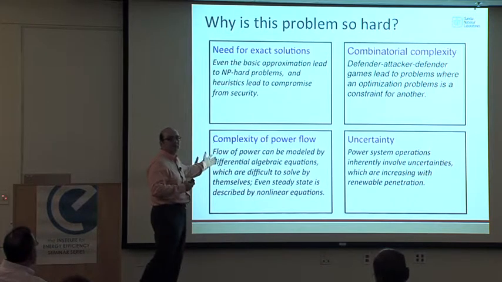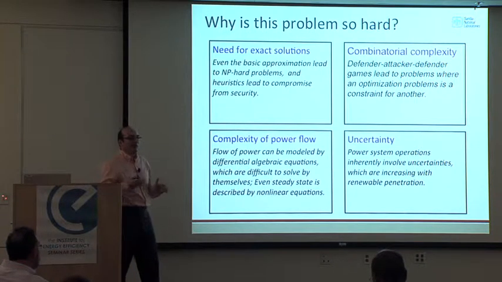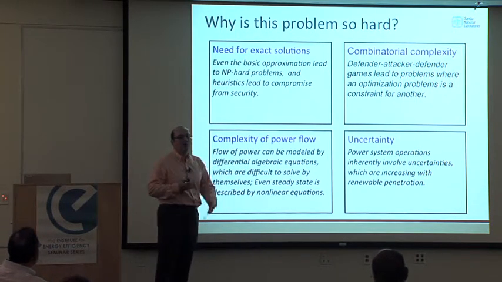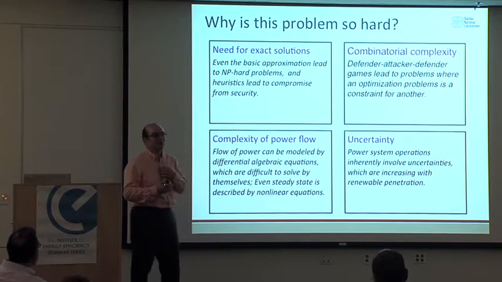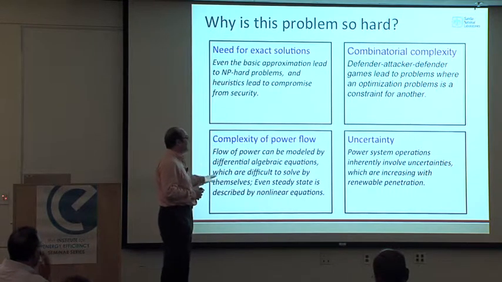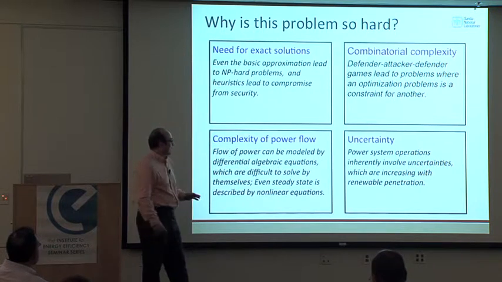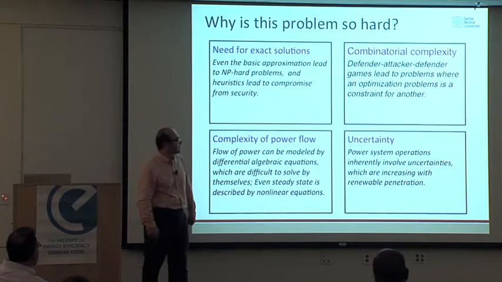These are non-trivial problems, so they're hard to solve by themselves. And if you want to solve an optimization problem where you have differential algebraic equations as constraints, especially discrete optimization problems, good luck with that. So that adds another level of complexity. Even if I ignore the dynamics in the system and look at the steady state, I'm facing nonlinear equations.